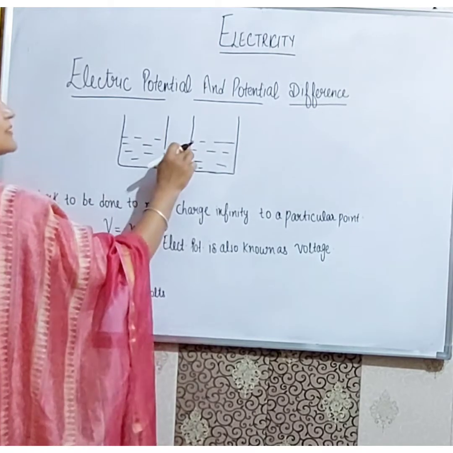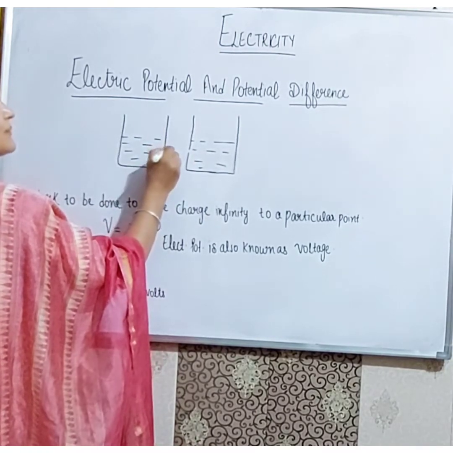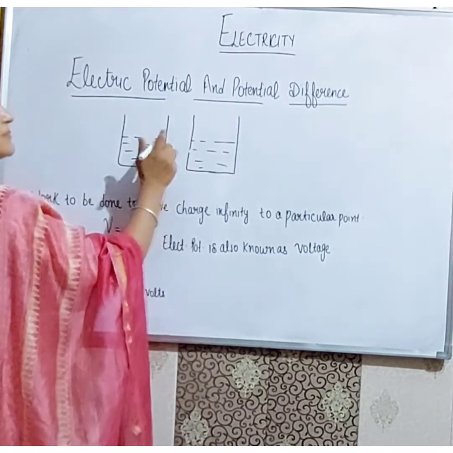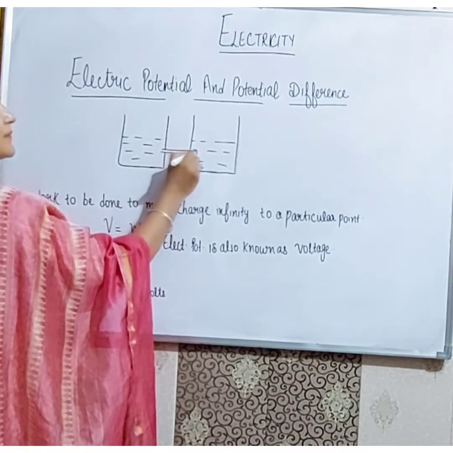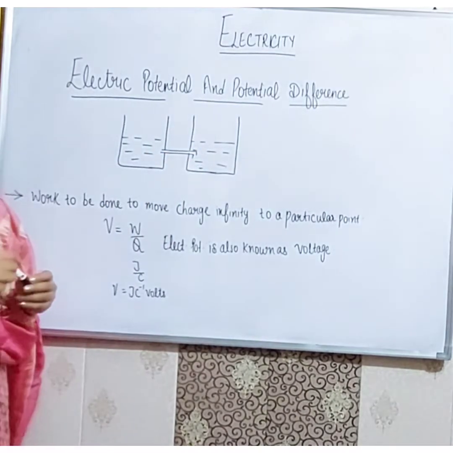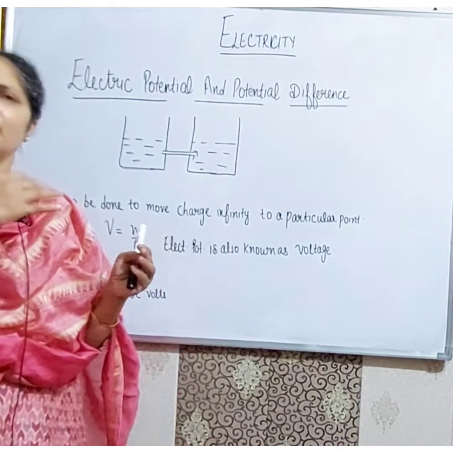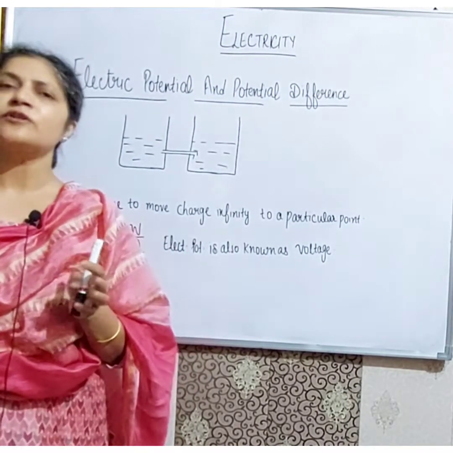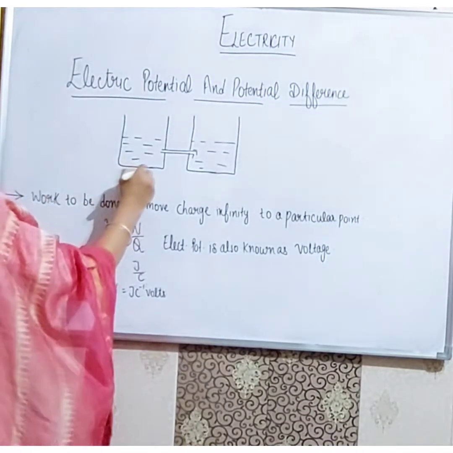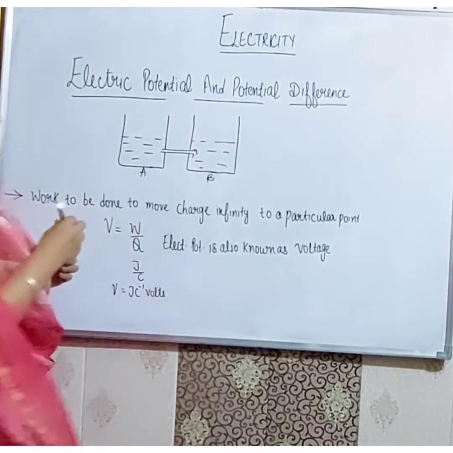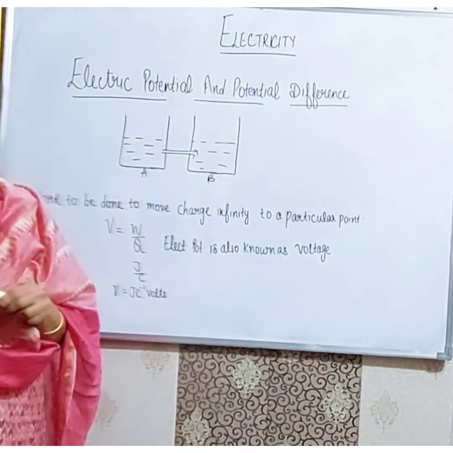Now if we want to shift water from this beaker to this beaker, is it possible? No, it will not be possible. When the level of the beakers is the same, the water will not go from beaker A to beaker B, right?